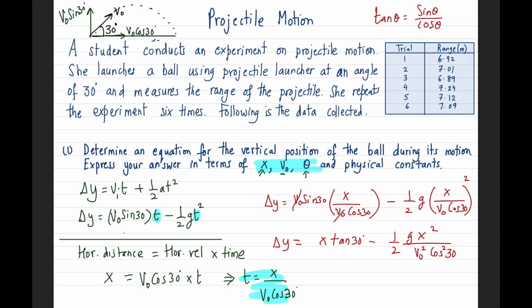Instead of theta I have got 30, so I can rewrite the equation just replacing 30 by theta, so that it also becomes a variable. So this will be x tan theta minus g x square over 2 v0 square cosine square theta. Now we have got everything the question is asking us to get.